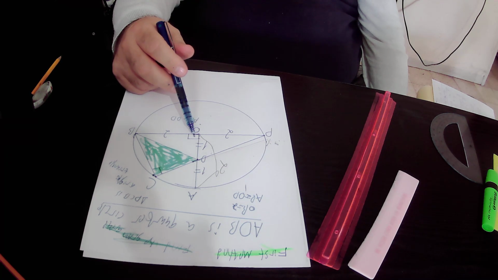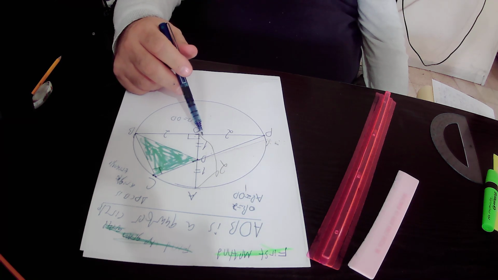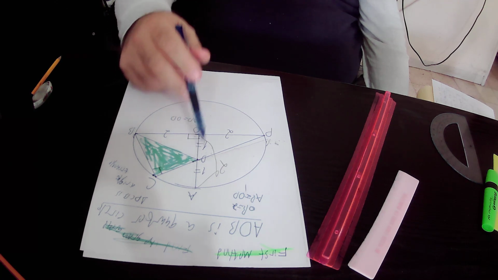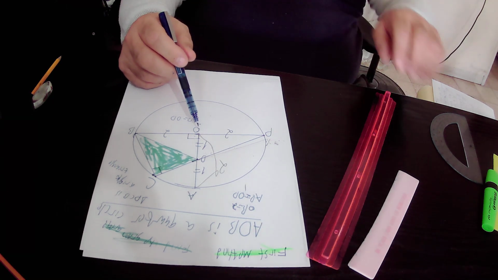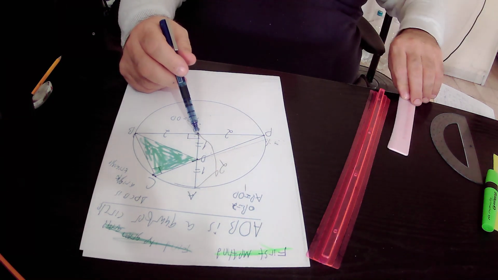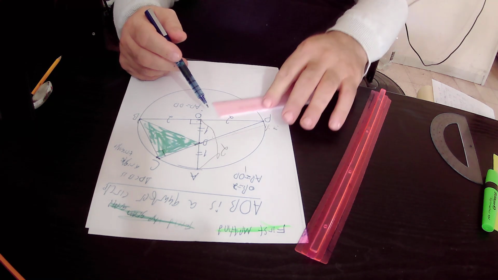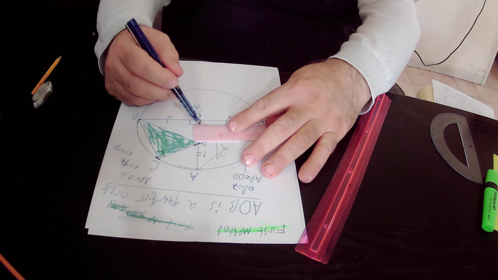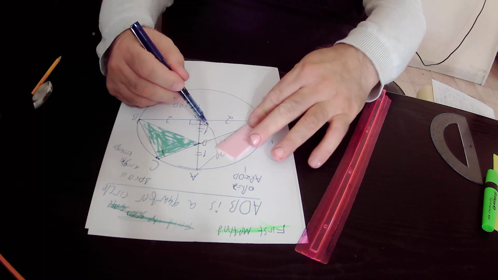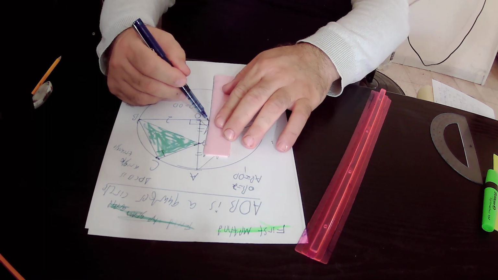So this angle equals 90 degrees, plus this angle that is actually angle AOP, total they must be equal to 180 degrees. That is to say, in order to complete the sum of the angles here to 180 degrees, this angle AOP must be equal to 90 degrees.